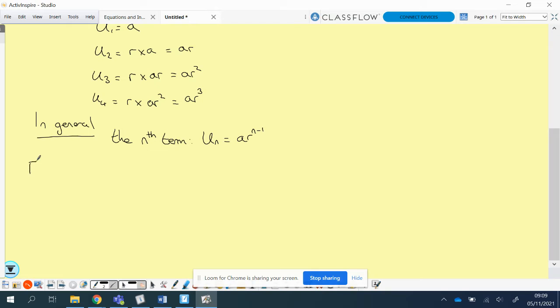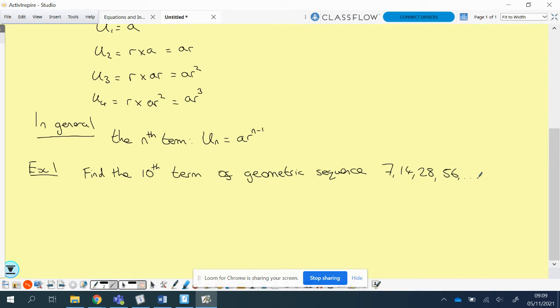So example 1: find the 10th term of the geometric sequence 7, 14, 28, 56, and so on.